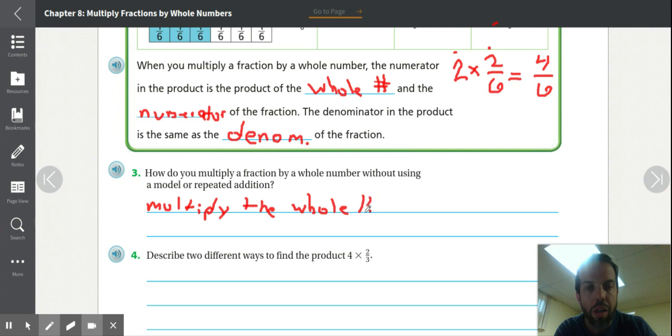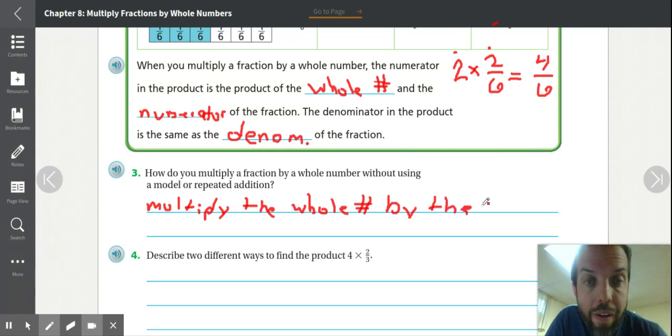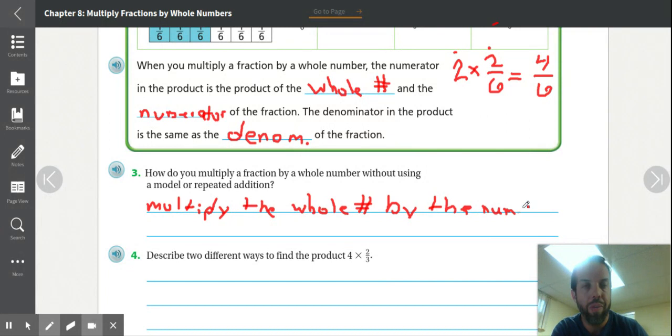All right, multiply the whole number by the what? What did we say? So look at the top. What did we do? We said we multiply that whole number by the numerator, right? We multiplied 2 times 2 to get 4. So you just multiply the whole number by the numerator.